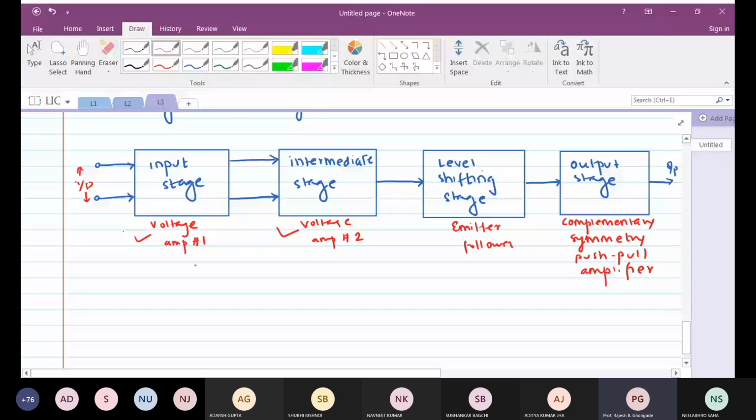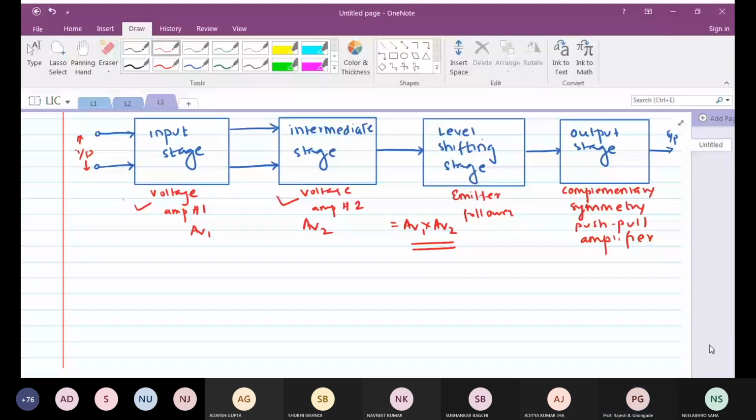So whatever we get here is AV1 into AV2. You must have studied multi-stage amplifiers, or have you started this? Yes, we started. In AEC you must have started, no? Yes, sir, cascading of amplifiers. So it's simple cascading of the amplifiers. That's all.